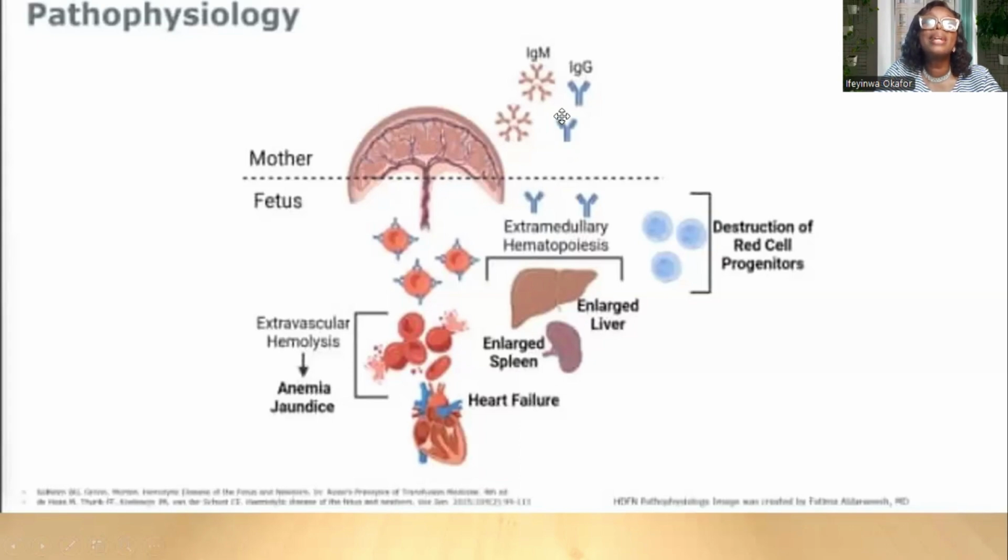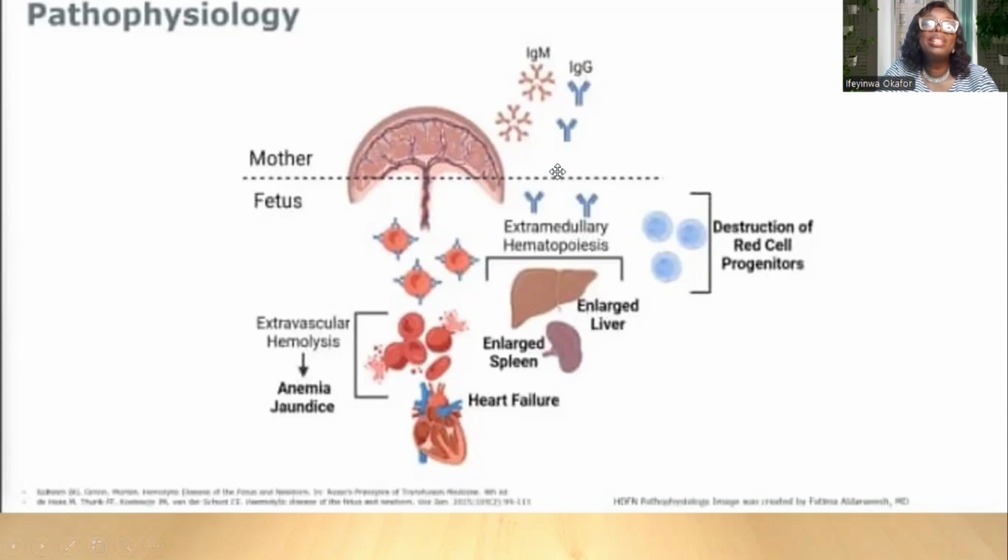So when you look at this diagram, this is the IgG antibodies, this is the maternal circulation, this is the placenta linking the mother and the child. This IgG antibody crosses the placental barrier, enters the fetal circulation, and attacks the baby's red blood cells. They form a complex on the red blood cell membrane of the baby, eliciting extravascular hemolysis.